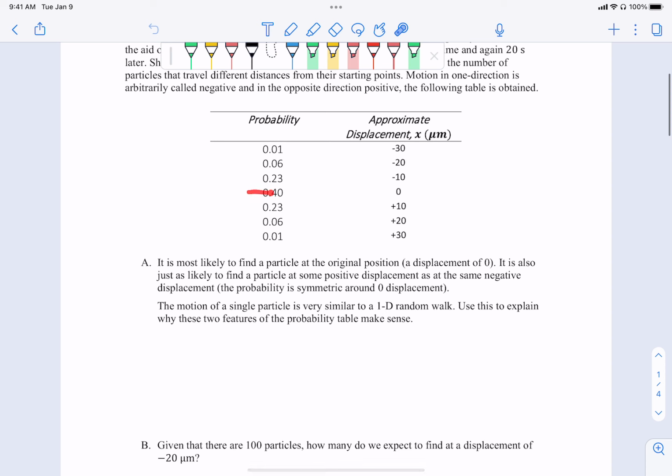So if we draw a line right here, like I said, these are going to be the same, producing a bell curve like I was talking about before with the graph. And so, over a long period of time or multiple time steps, the average position of the particles is back where they started, which is 0, which is why the probability of finding a particle at 0 is highest.